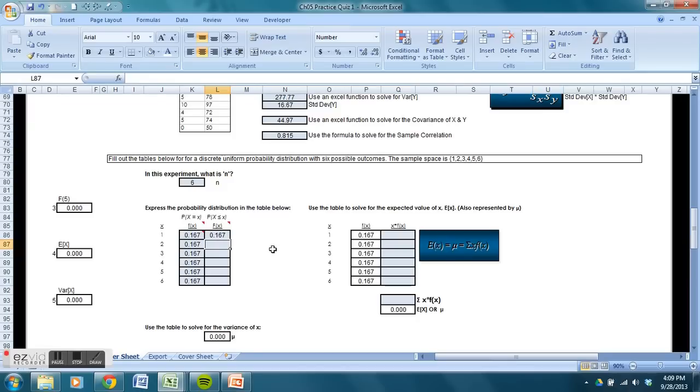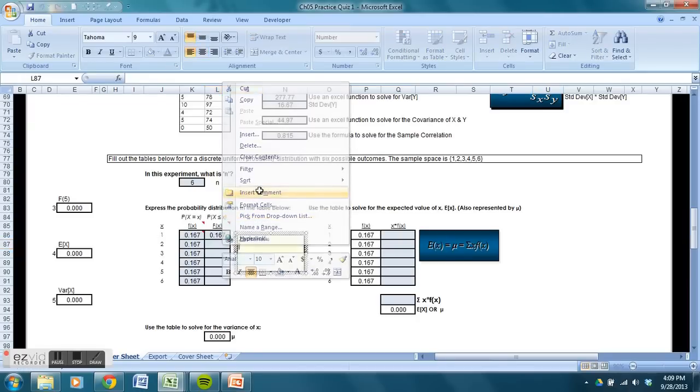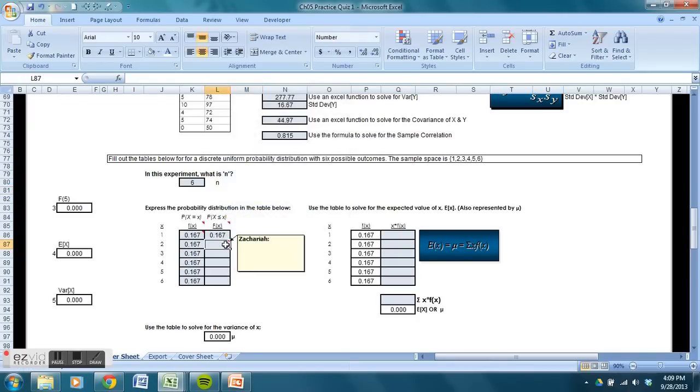Now this is big F of 2, the probability the outcome will be anything equal to 2 or less.